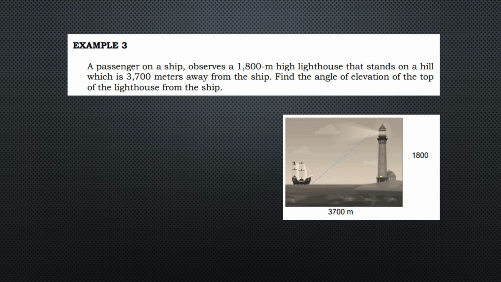And this part here is 3,700 meters. That's the distance from the tower to the ship. So that is the height of the tower, 1,800, and then the distance from the ship to the tower is 3,700 meters. What we're looking for is the angle in this part here.